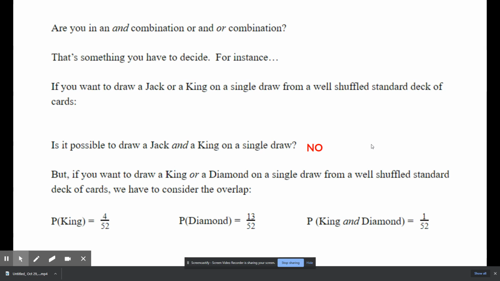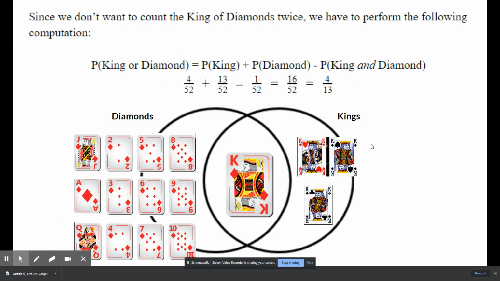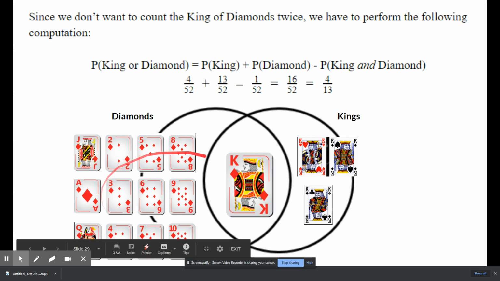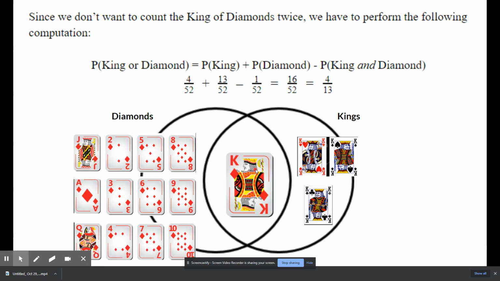the overlap. There is the probability of a king, there's also the probability of a diamond, but there's also the probability of the king of diamonds. So there's overlap. If you want to look at that as a Venn diagram, over on this side I have all of the diamonds. Here I have all of the kings. The overlap would be the king of diamonds.